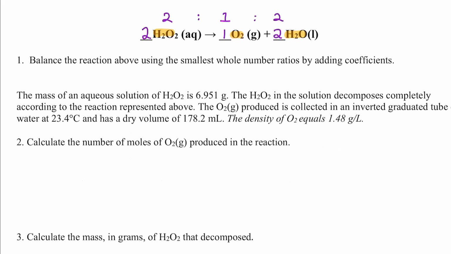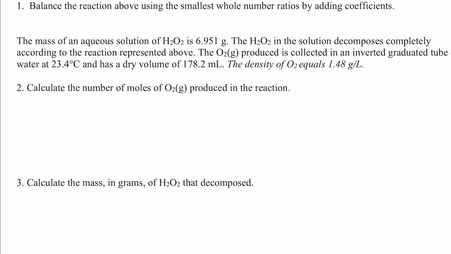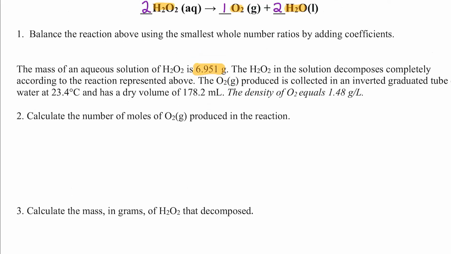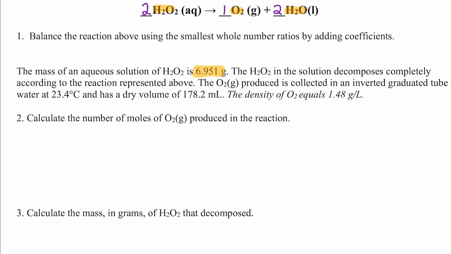All right, so on to this little blurb here that's going to help us answer number 2. The mass of an aqueous solution of H2O2 is 6.951 grams. That's the mass of my starting reactant here, and I'll put that up there. The H2O2, which is the reactant in solution, decomposes completely according to the reaction represented above.